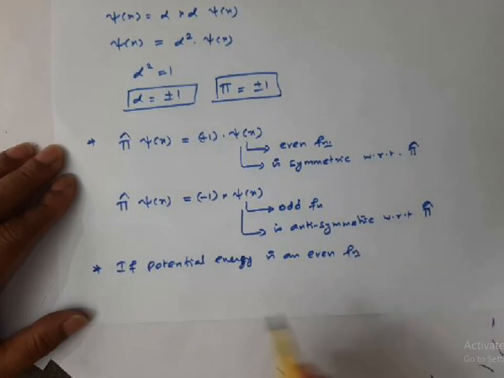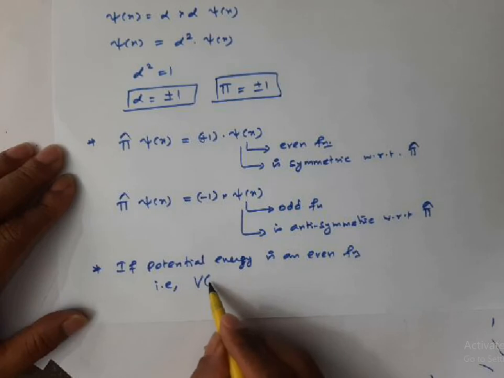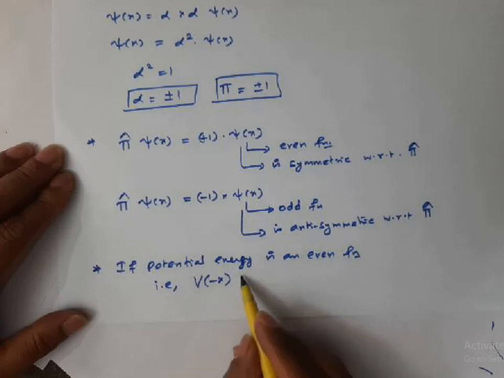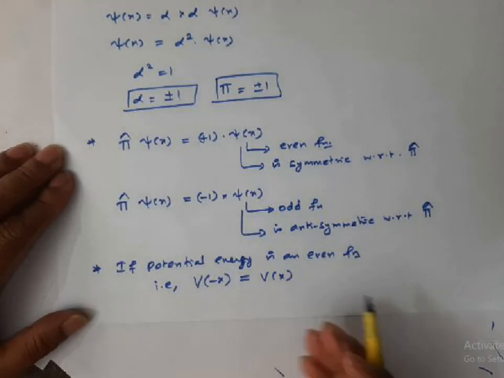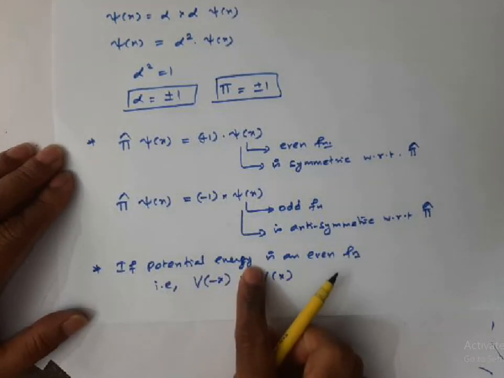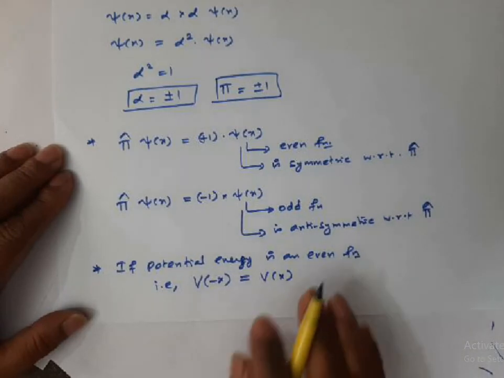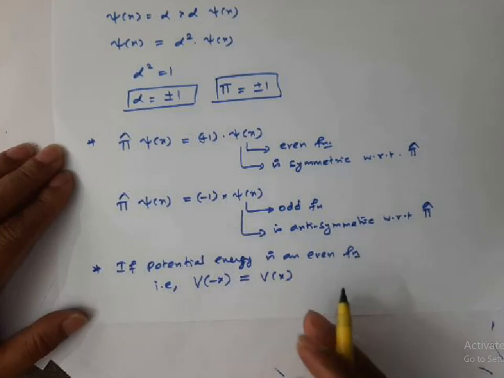Even function means if I change the coordinate from x to -x, V of -x equals V of x. If these two are equal, we say the function is even.